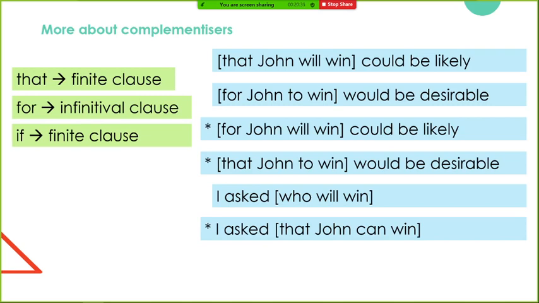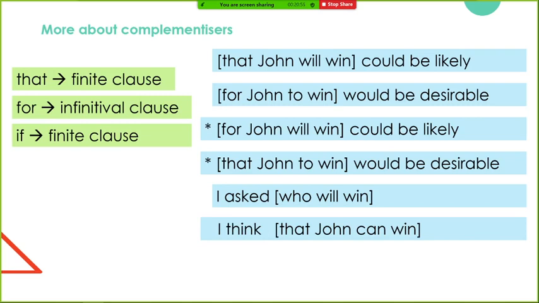Okay, so we can have ask who will win, but we can also have ask if John can win. So if seems to be the kind of complementizer which introduces an interrogative clause. That, on the other hand, clearly can't introduce an interrogative clause. You can't say, I asked that John can win.